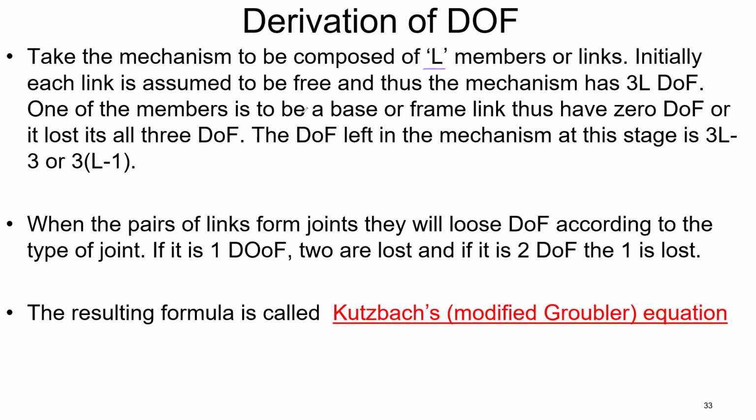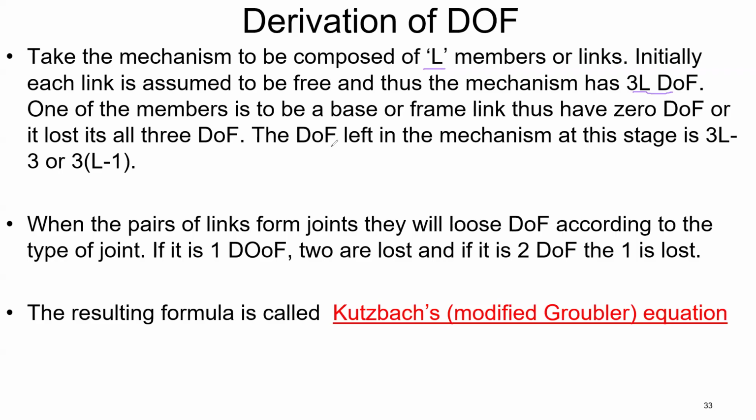Initially, each link is assumed to be free, and thus, remember we said that if it is free, the mechanism has 3L degrees of freedom, right? 3 times the number of links. But now, because of motion, some of them may be constrained. So one of the members is to be a base or frame link, and thus has 0 degrees of freedom, or it has lost all 3 degrees of freedom.